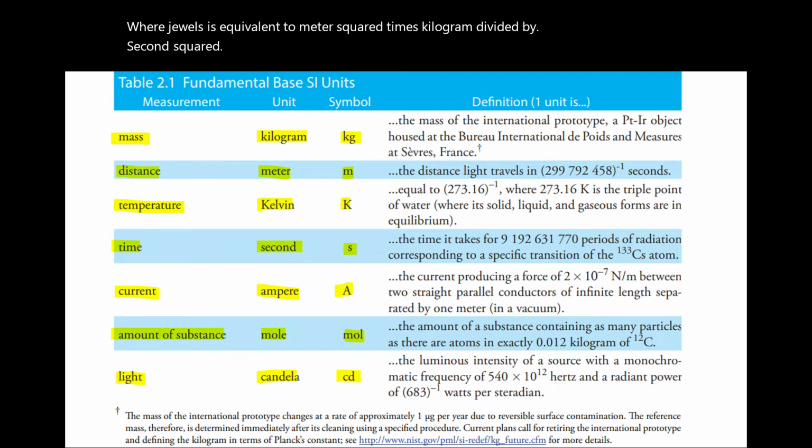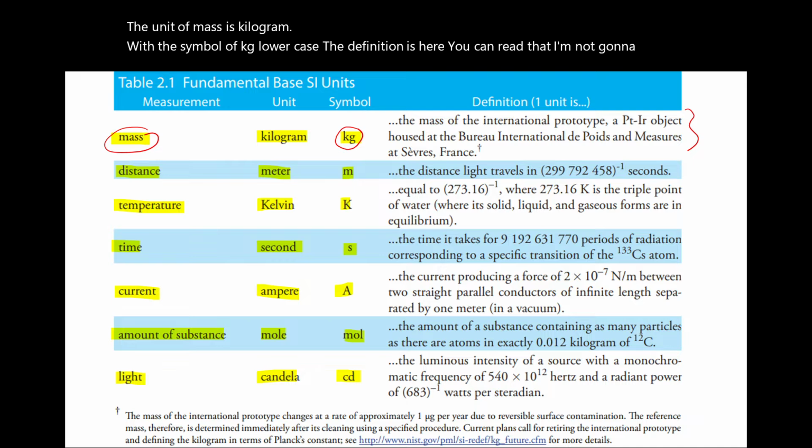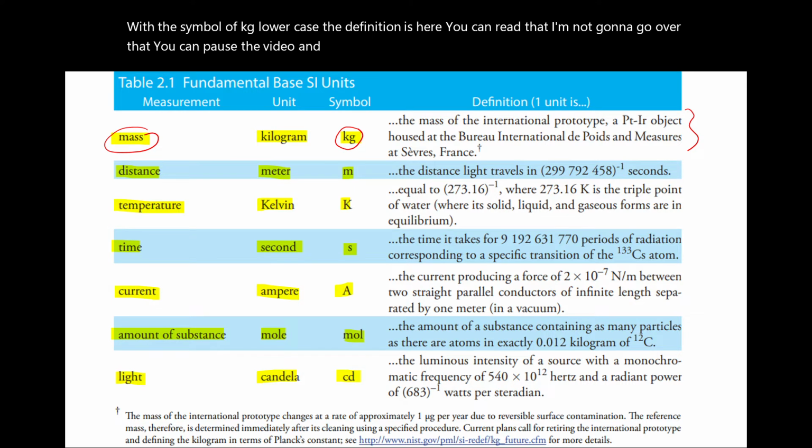In table 2.1 in Harvey's textbook, as you see, we have mass. The unit of mass is kilogram with the symbol kg, lowercase. The definition is here. You can read that. I'm not going to go over that. You can pause the video and read all the definitions.